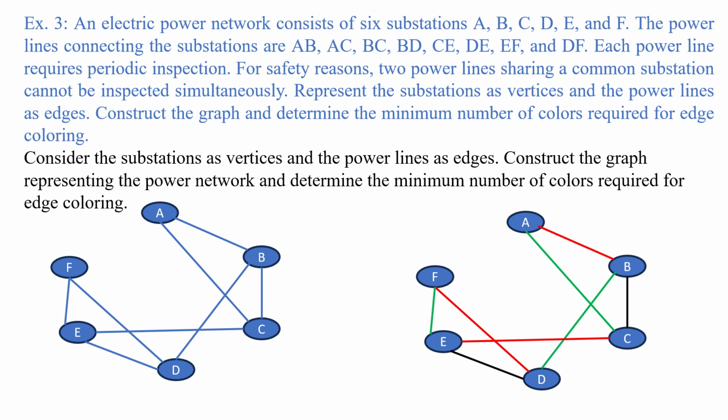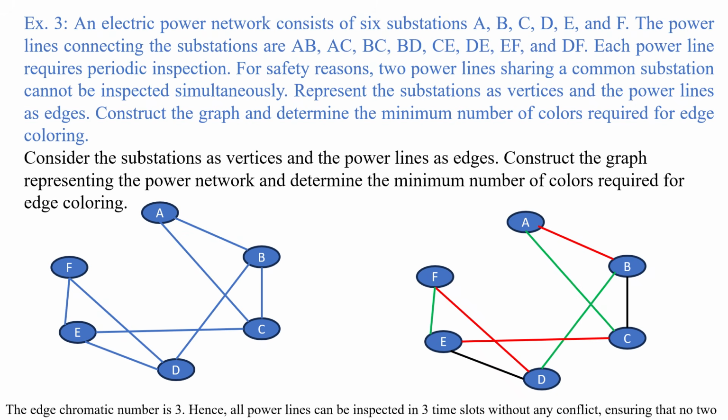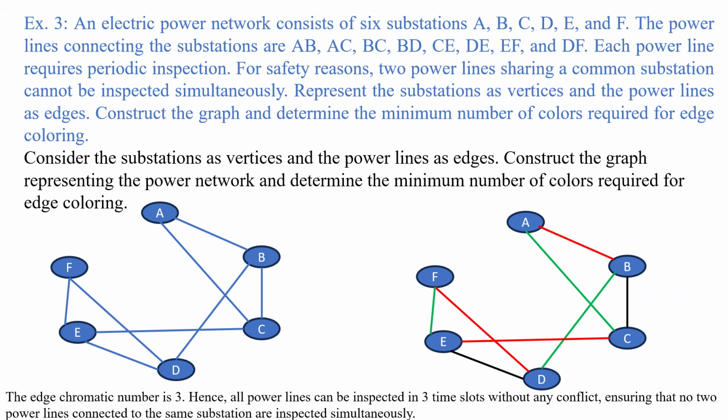And DE is colored with black. So therefore, the chromatic number is 3. Hence, all power lines can be inspected in 3 time slots without any conflict, ensuring that no two power lines connected to same substations are inspected simultaneously.